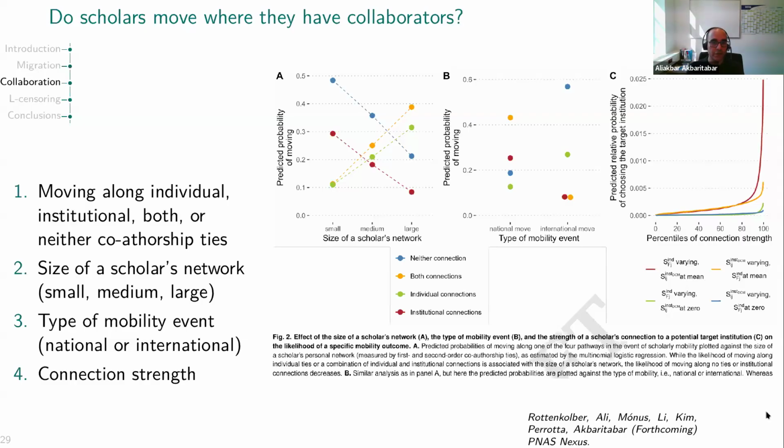Interestingly, here we noticed that for international moves, the subset of about 200,000 scholars we were looking at seem to use more of their individual ties, depicted here in green, versus for national moves they used either both ties or institutional ties. That was another thing we noticed. And if scholars had a larger network of collaboration, they had a higher tendency to use both types of connections or individual connections, which was another interesting thing we saw here.